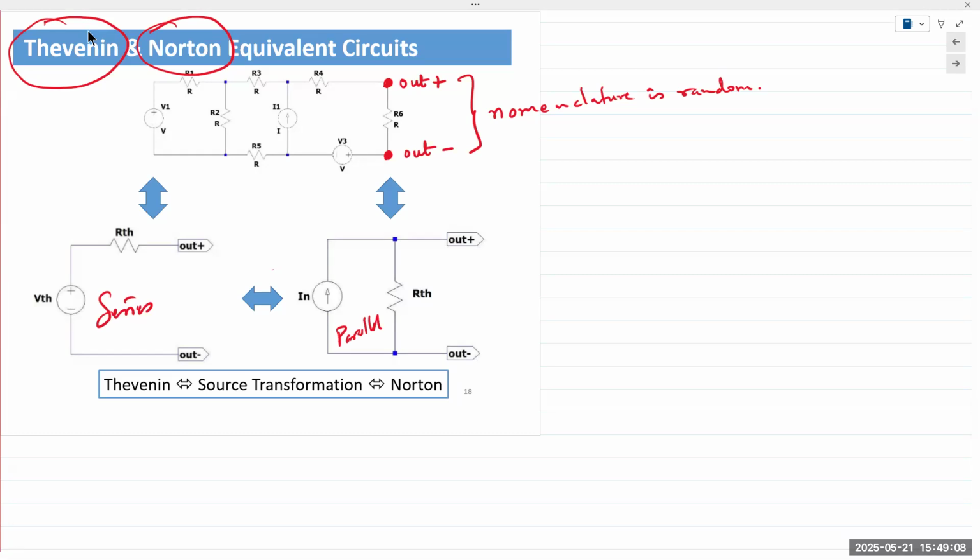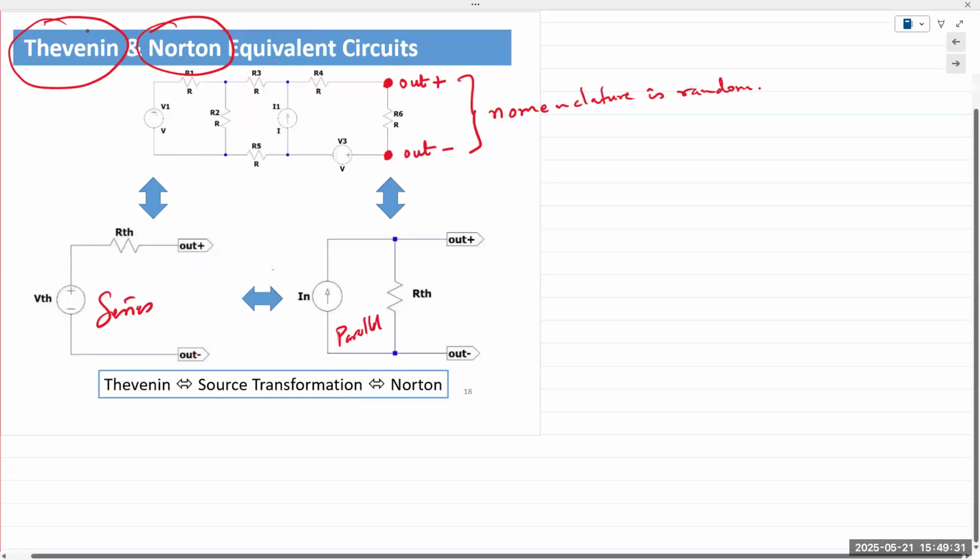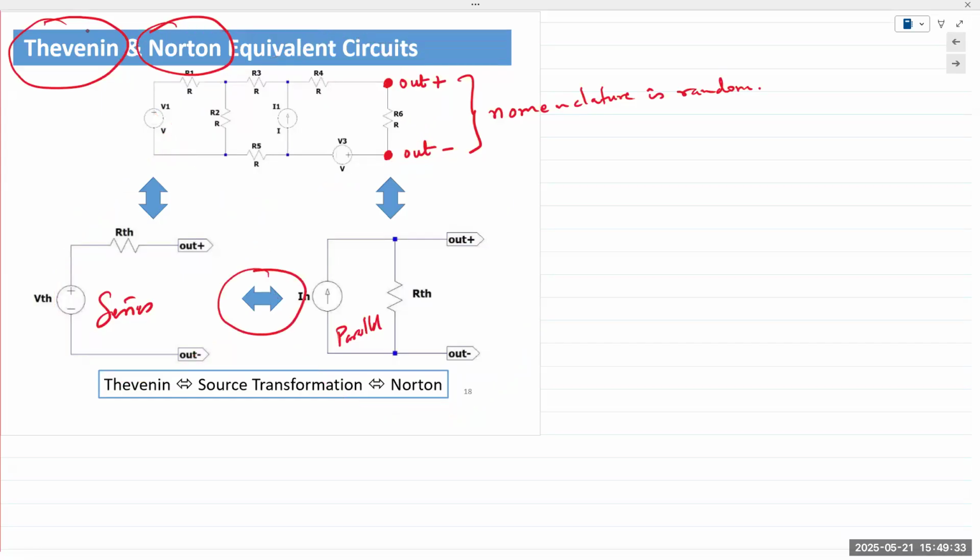One more thing from here is that the Thevenin circuit is equivalent to this larger one. The Norton circuit is also equivalent to this larger one. So by default, if X equals A and X equals B, it automatically means that A equals B. And so the Thevenin and Norton circuits are equivalent to each other.